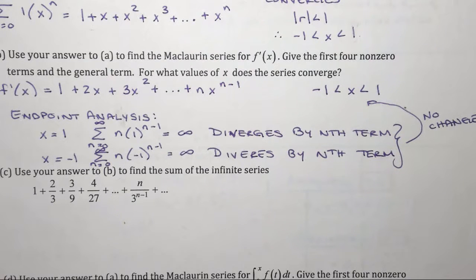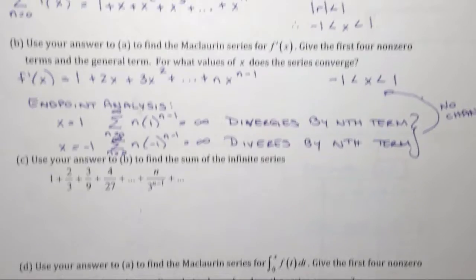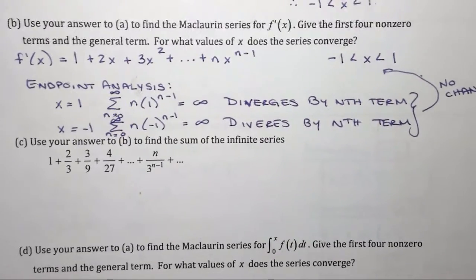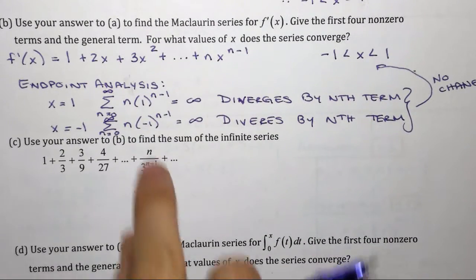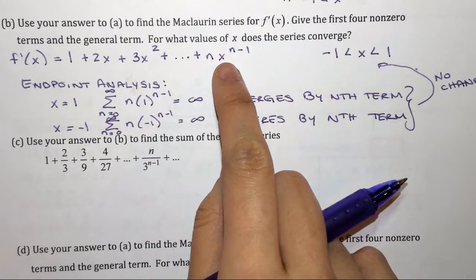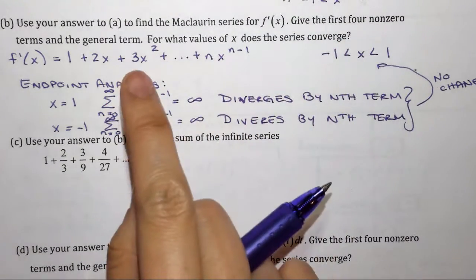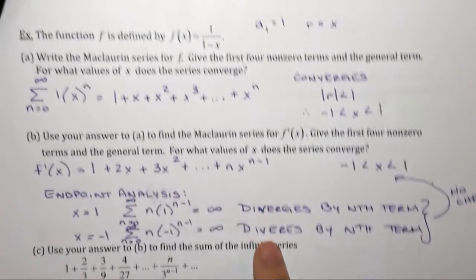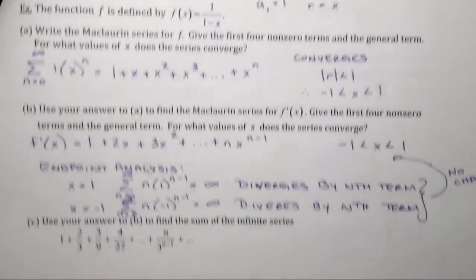Okay. Use your answer to B to find the sum of the infinite series. They will ask you to do this a ton of times on the AP exam. So you're going to have to associate this to what you found here, and then potentially go back to your original f of x function.